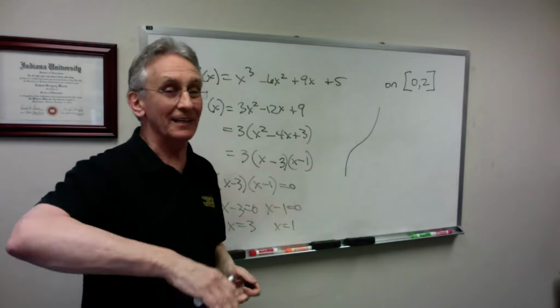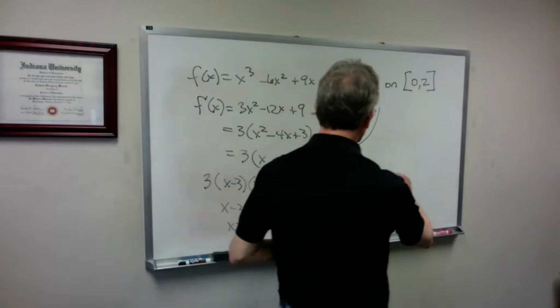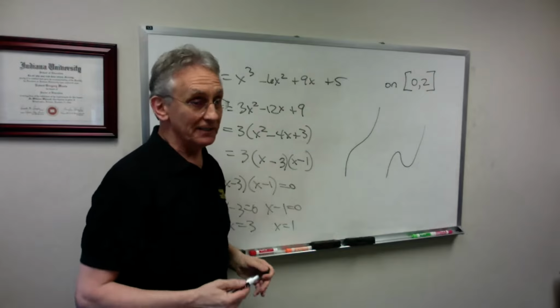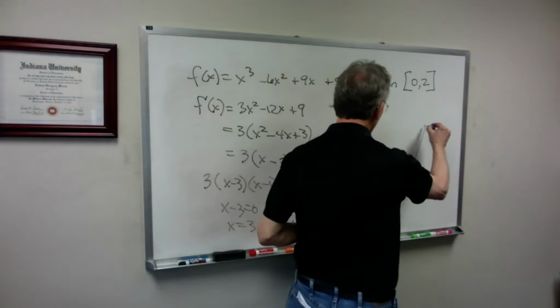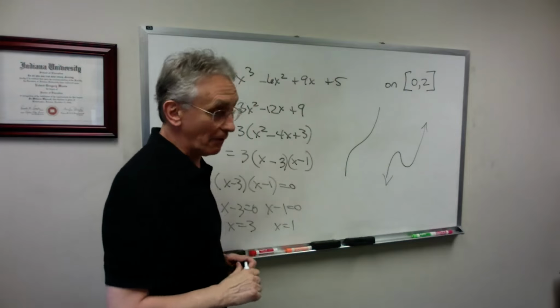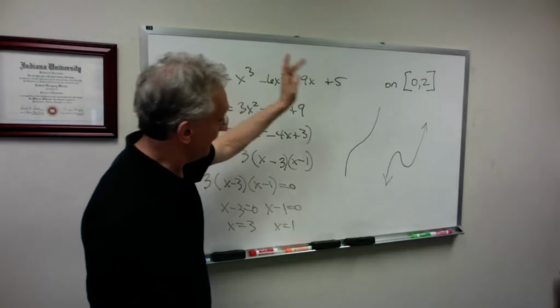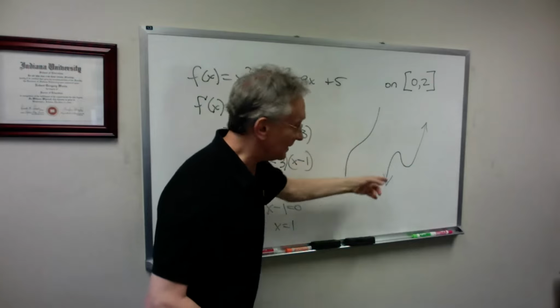And as a result, we get a little contour in the situation. So it turns out we get something that might look like that, okay? Notice that it's going off to the bottom left and it's going off to the top right. I hope you thought about that yourself when you saw that it was an x cubed function. That's the thing to recognize. So it's going to look something like this.